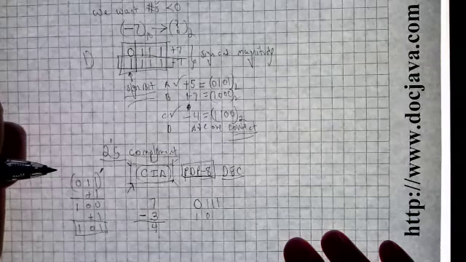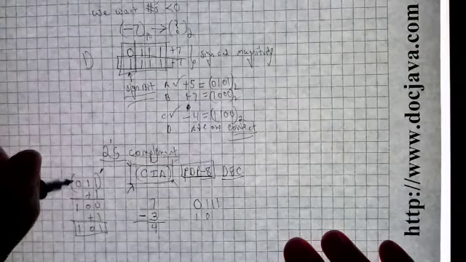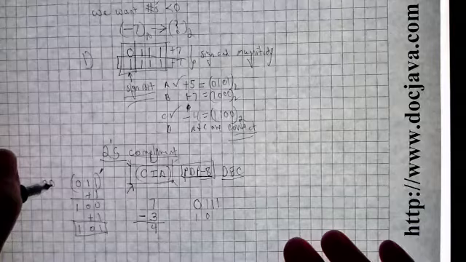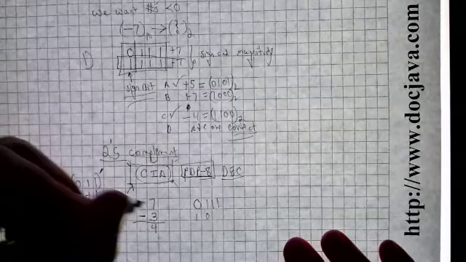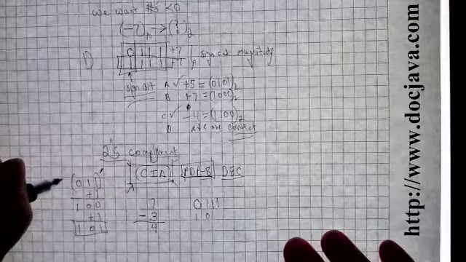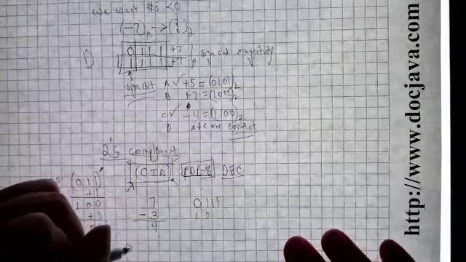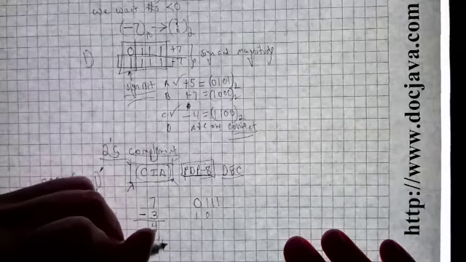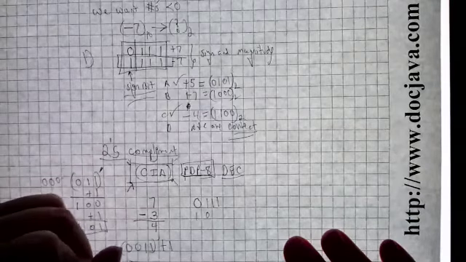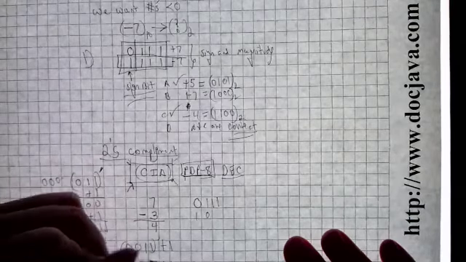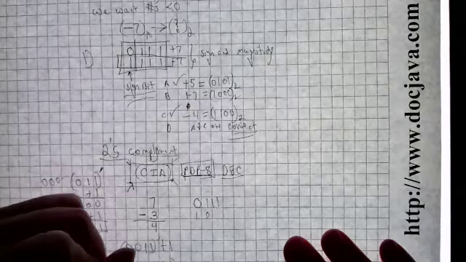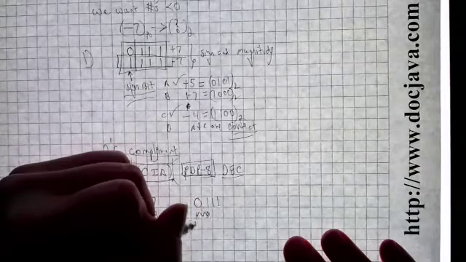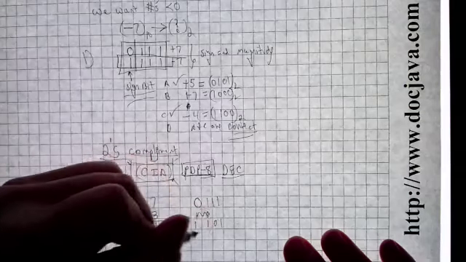Why didn't that work? Seven has got 4 bits, so I need 4 bits for 3. Sorry. 0, 0, 1, 1. Complement and then increment, and you get 1, 1, 0, 0 plus 1, which equals 1, 1, 0, 1. There. 1, 1, 0, 1.